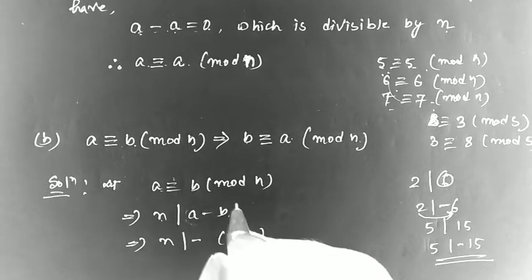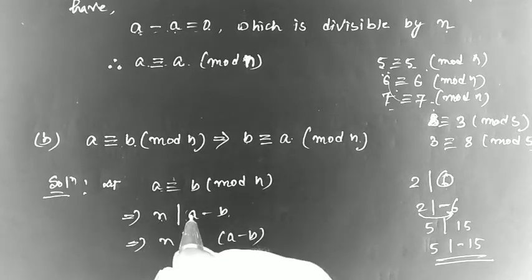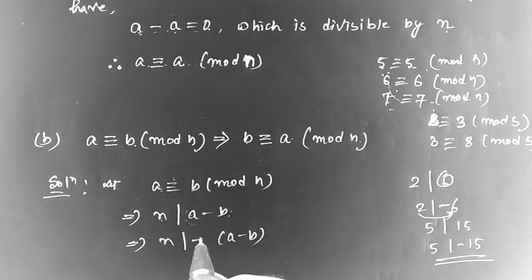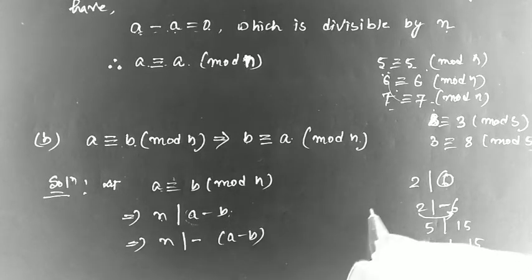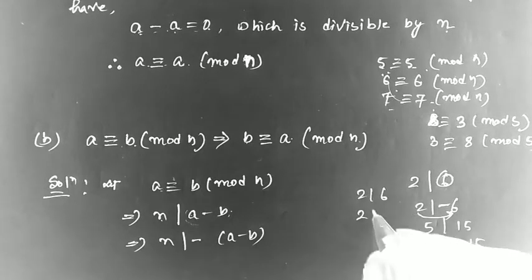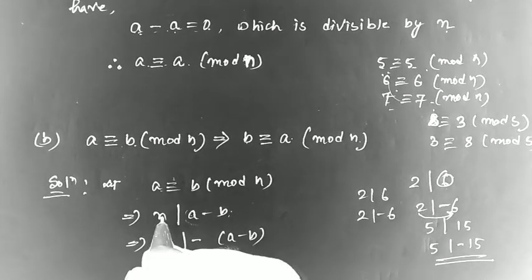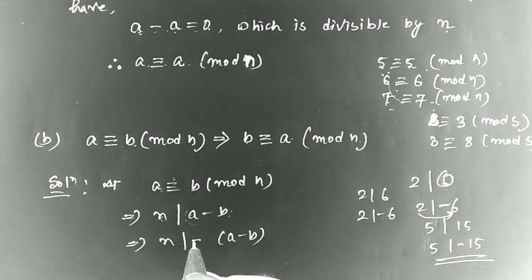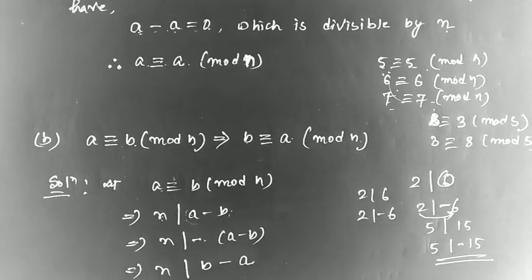So a minus b is a number, n divides a minus b, then n will divide negative of a minus b, because 2 divides 6, then 2 divides minus 6 also. So negative of a minus b can be written as what? Minus means plus, b minus a.